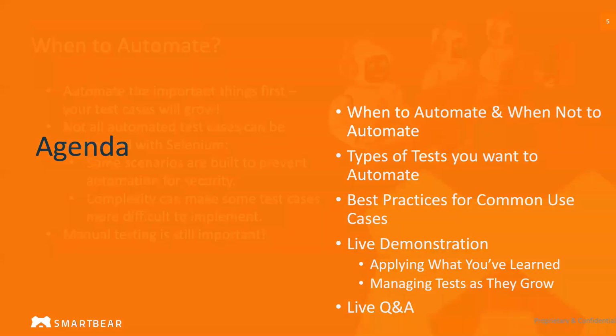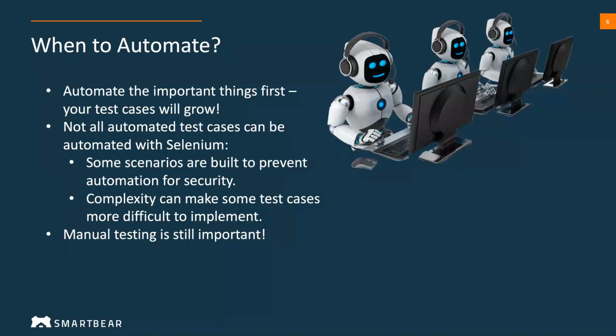So when to automate? Hopefully soon. If you haven't already, hopefully you will after this webinar. But especially if you're just starting out automating, or if you're still in the process of building your application, I would say automate the critical things first, so that way you can build faster. As you add features in the future, you're going to add test cases, and you'll hopefully see the value of automated testing and continue to build onto it.